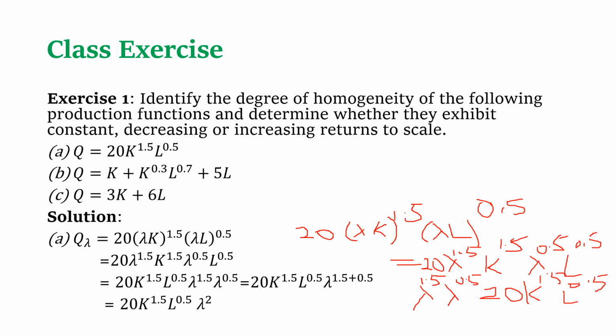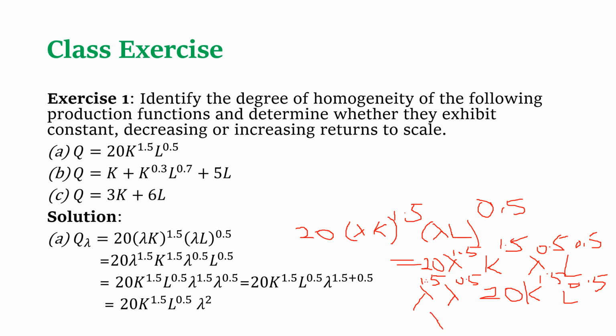So once we have that, we know in indices, you did indices in high school, or maybe second grade or third grade, I don't know. But I think I did that in second grade, right? So you did indices in maybe second or third grade, and you have lambda raised to the 1.5 and lambda raised to the 0.5.